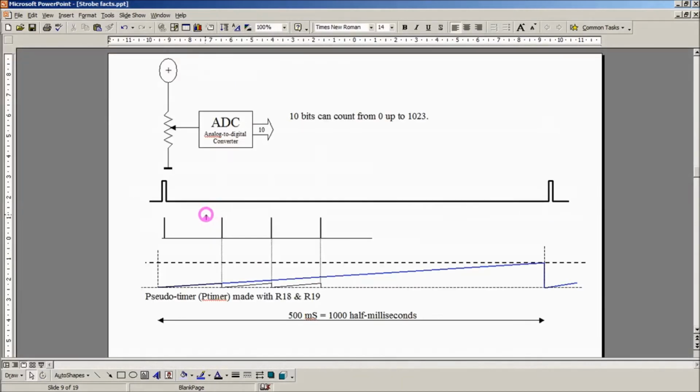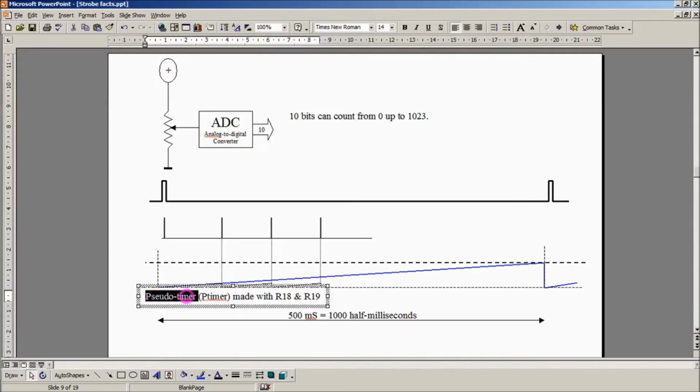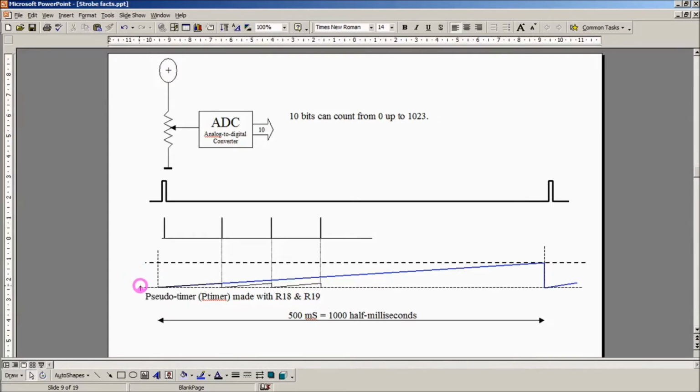We're going to use a couple of registers, R18 and R19, as a pseudo timer, because all of the native timers in the chip are much too fast for this. So this is a pseudo timer that we're going to make ourselves with R18 and R19, and they're going to count up according to this blue line here, and they have to count from 0 up to 1000 in 500 milliseconds. So these two registers have to be incremented at a rate of 1 every half a millisecond.